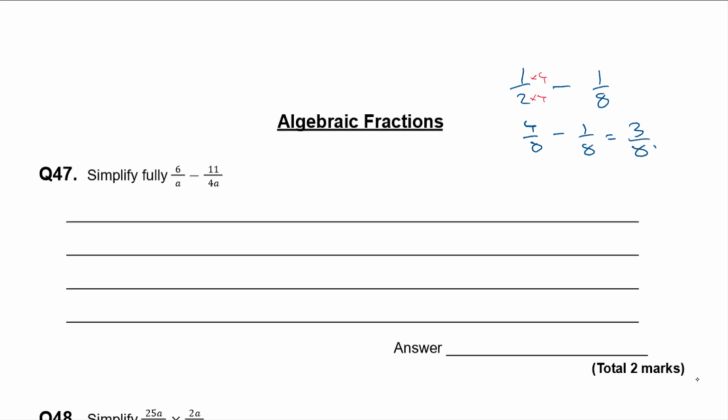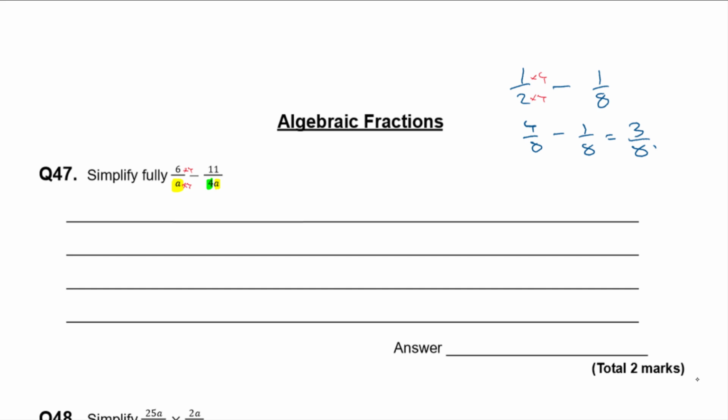Now we're going to do the same thing here. I've got a as one of my denominators and 4 lots of a on the other one. Okay, so the denominator of the second fraction is 4 times bigger. So then the common denominator is going to be 4a. So all I really need to do is times this one by 4, so I've got the same denominator for both.